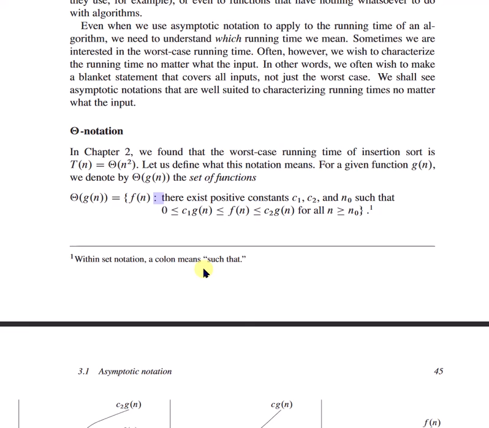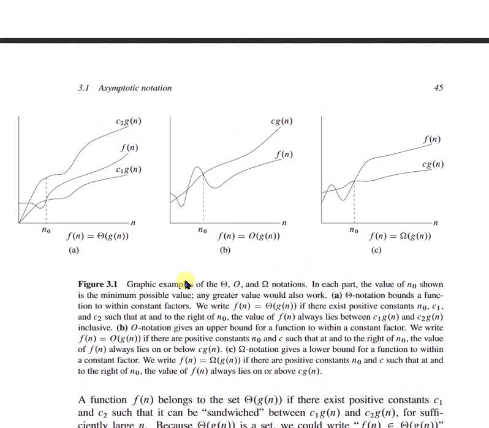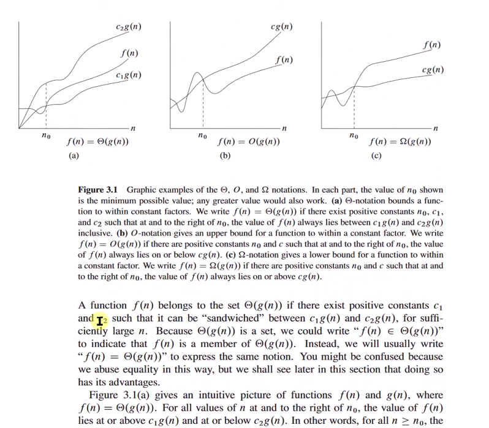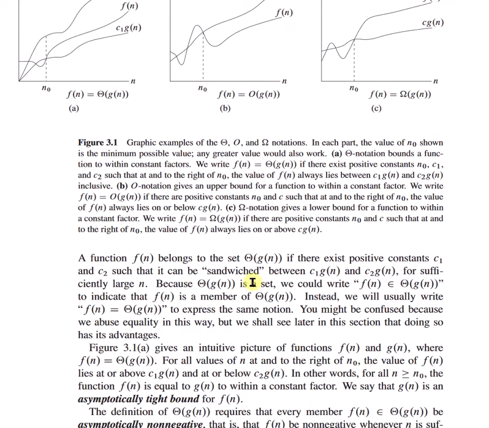What they are trying to tell us is that a function f of n belongs to the set theta of g of n if there exist positive constants such that it can be sandwiched between c1 g of n and c2 g of n for sufficiently large n.